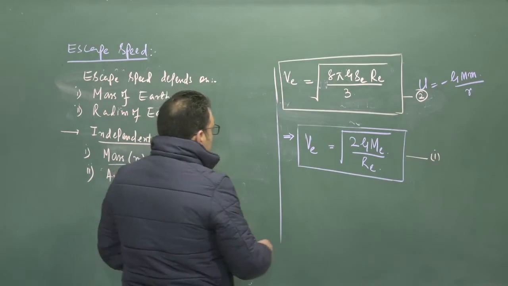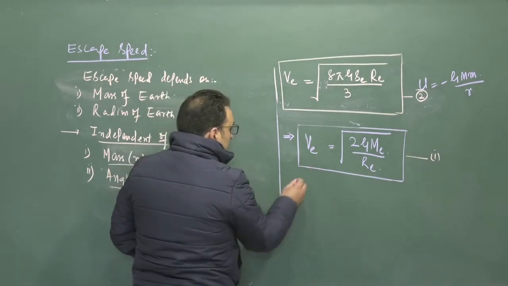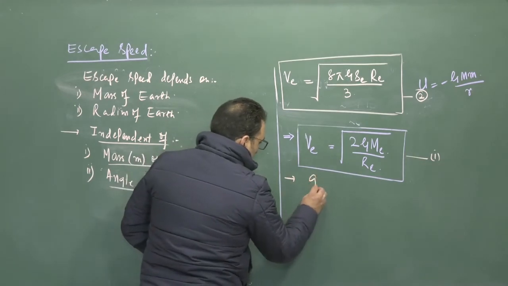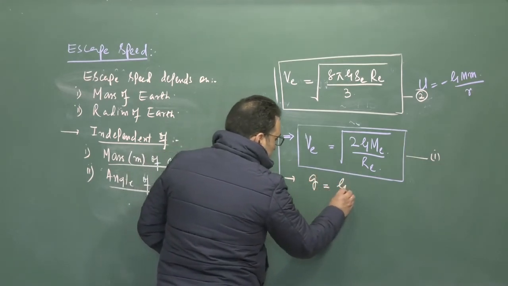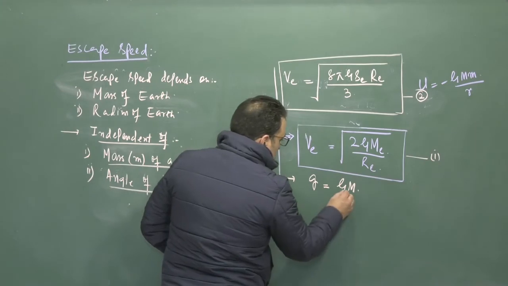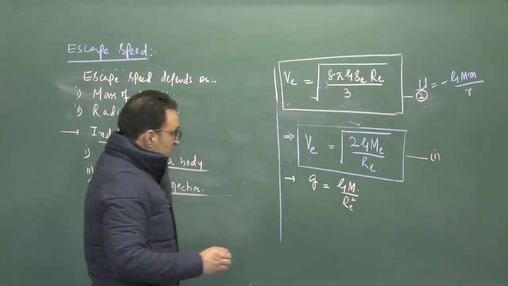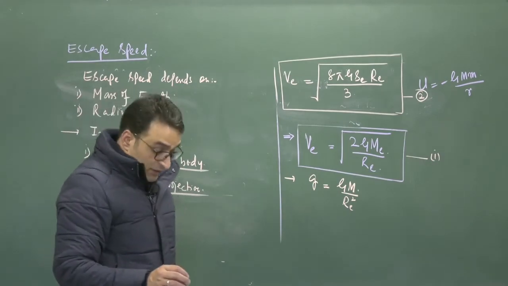Now, another expression in terms of the escape speed. In this expression, if we have small g equals GM by Re square, this is the expression for the acceleration due to gravity.